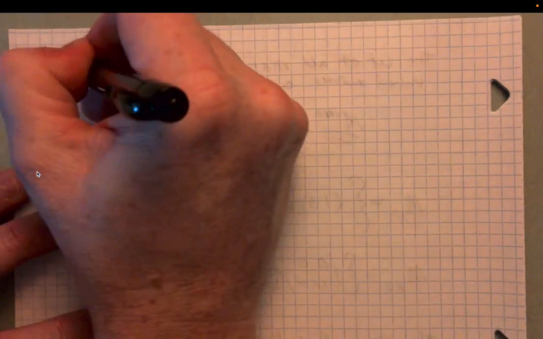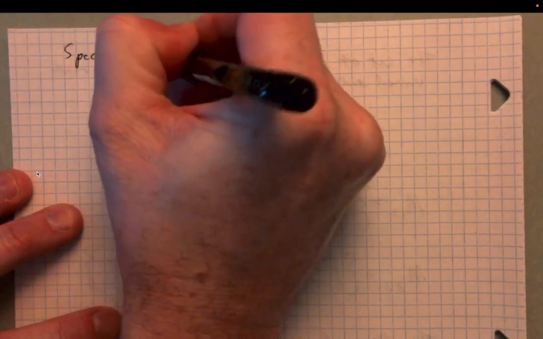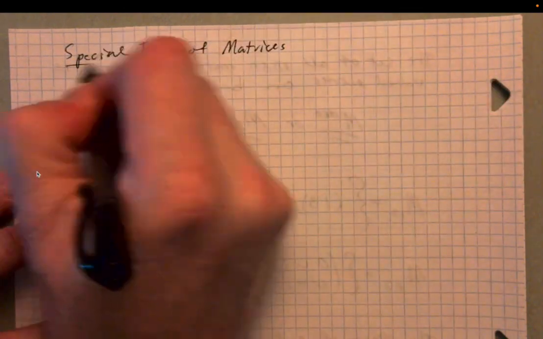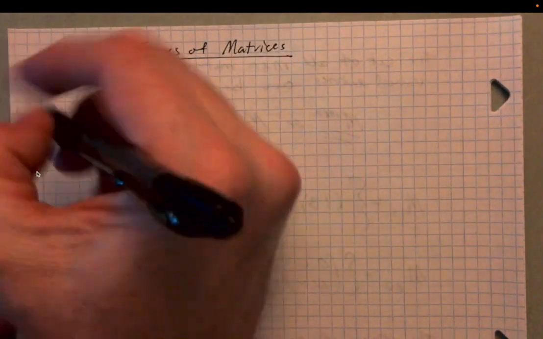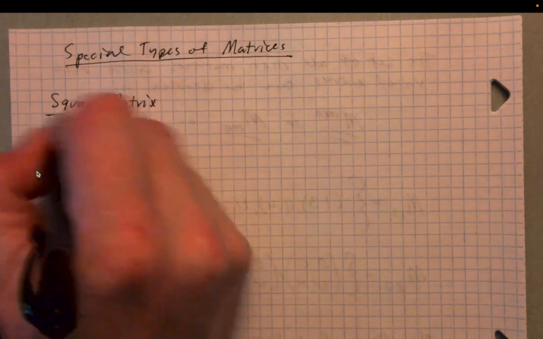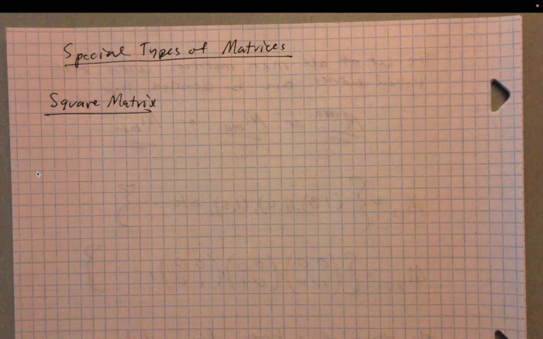Let's talk through a few special types of matrices that will come up a ton in this course. The first one is the square matrix, and a square matrix is just what the name implies. It's a matrix with the same number of rows and columns.